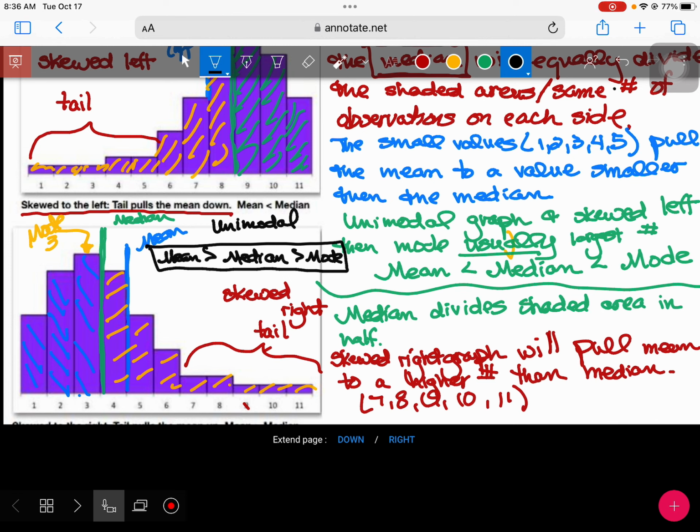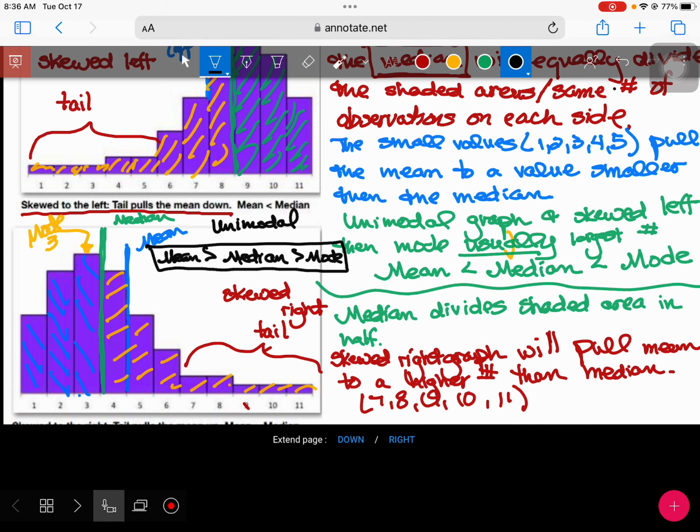And that's when it is skewed to the right. So there's a lot of information on here. Will you have to kind of know this? Yeah, you're going to have to know that if you see a histogram that is skewed to the right, your mean is going to follow your outliers.